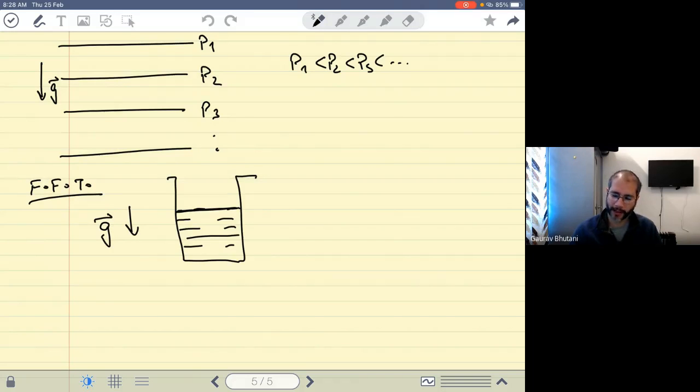Now if I tilt the glass and try to figure out what the free surface looks like, it will look something like this.